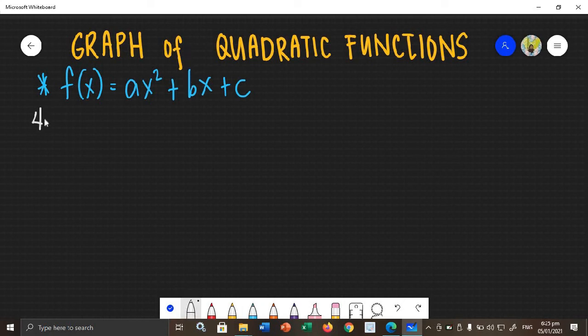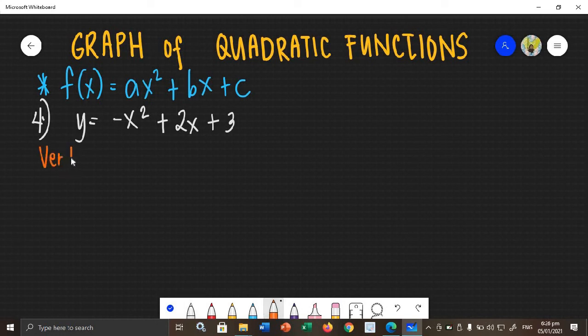Let's say we have this fourth example. So let's say we will graph y is equal to negative x squared plus 2x plus 3. So again, first of all, we need to list the values, these values that we will look for.